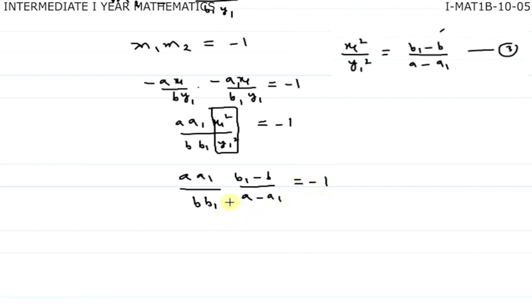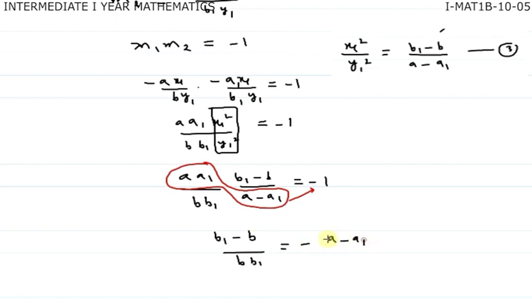On simplification, take these two terms to this side. So from this I can get b1 minus b divided by b b1 is equal to minus of a minus a1 divided by a a1.